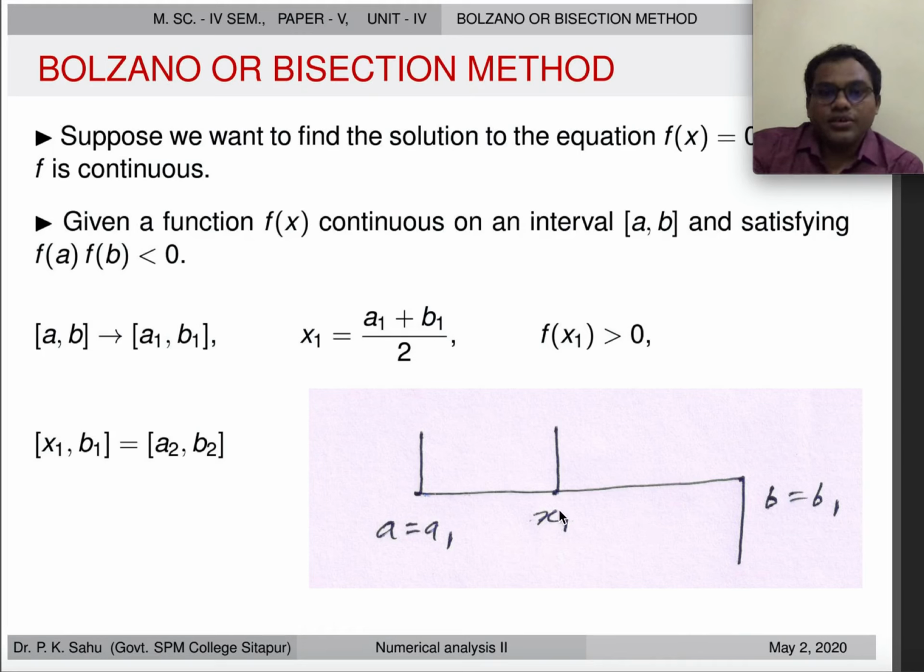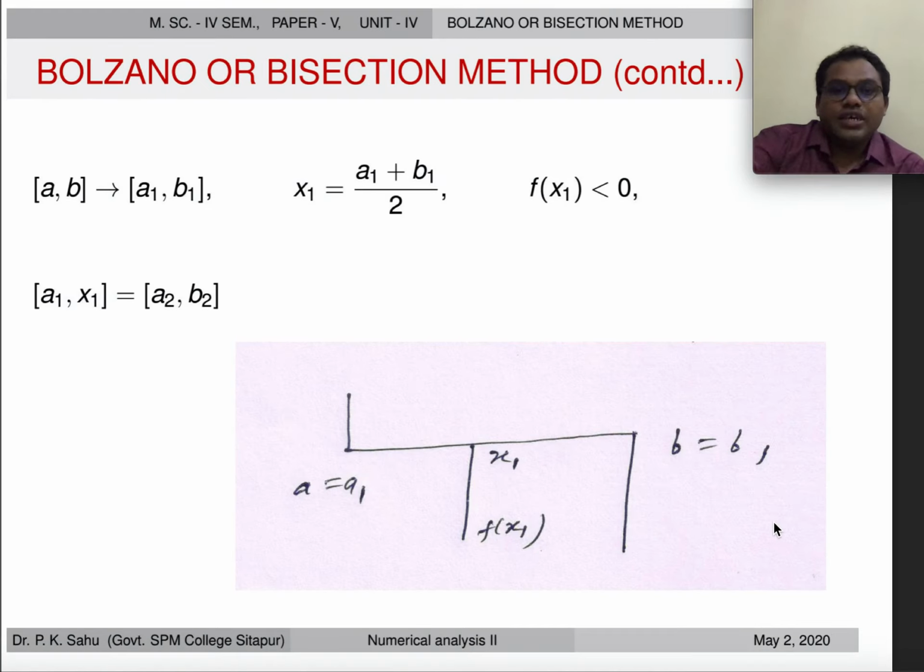X1 is the midpoint of a1 and b1, so this length is half of the length in the beginning, meaning a1 b1. Similarly, if f(x1) is less than 0, then our new interval is a1 x1. Its length is also half of the length of the original interval a1 b1.